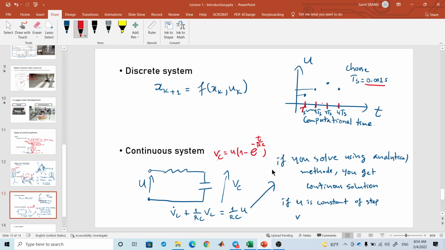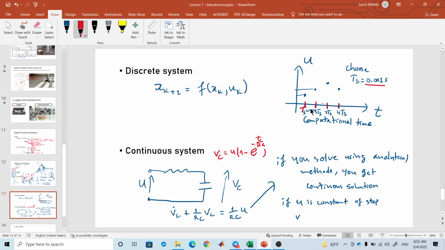So an analytical solution can provide you the solution as a function of time. It means its continuous form. But a numerical solution will only provide you the solution at certain sampling times. And that is always used for applications in digital control when you program a microcontroller.